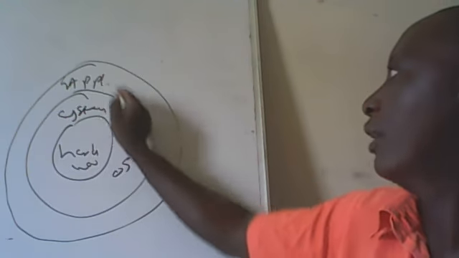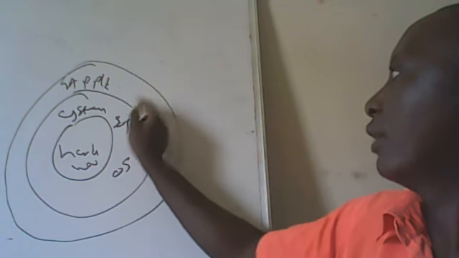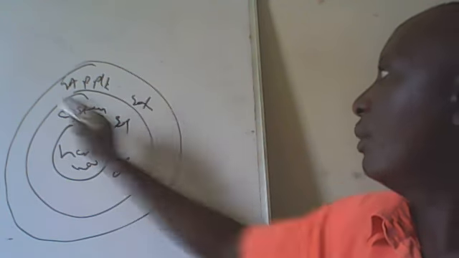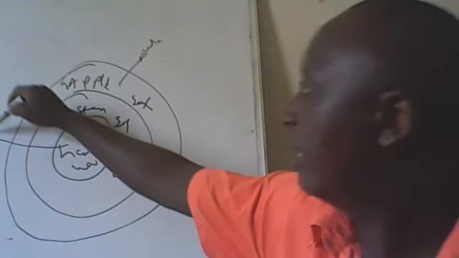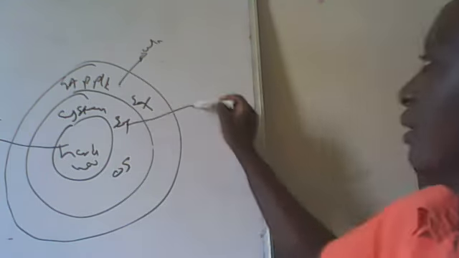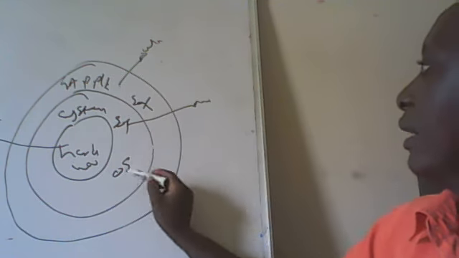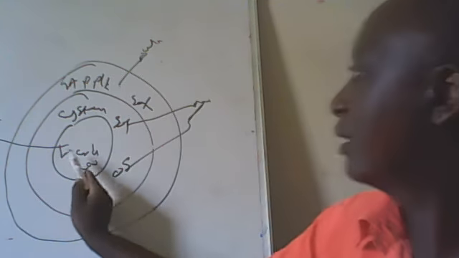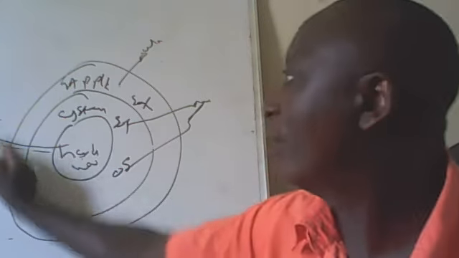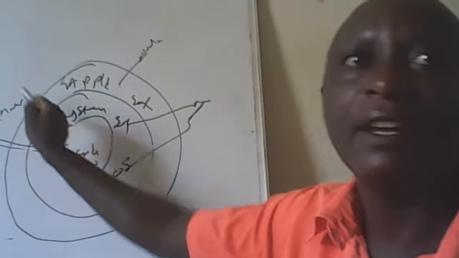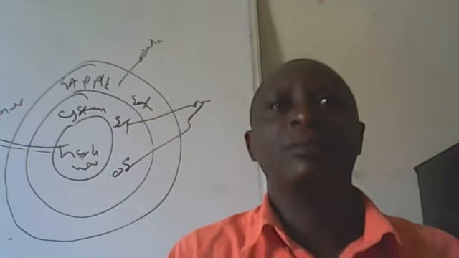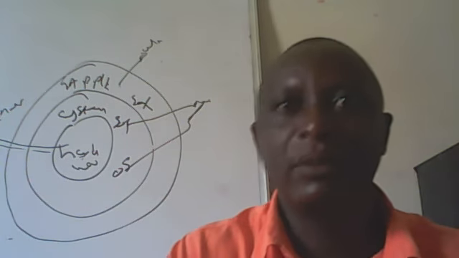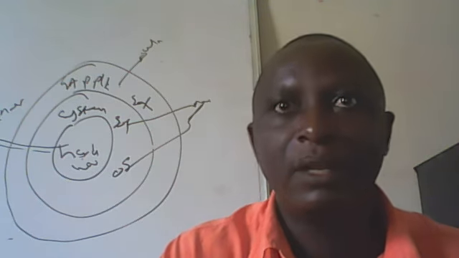Is it okay? So this is the outer layer, this is the inner layer, and this is the middle layer, the operating system, whereas this is the hardware, which is the inner layer. That's what we're trying to look at, that you can look at the cross section of an onion. Is it okay?